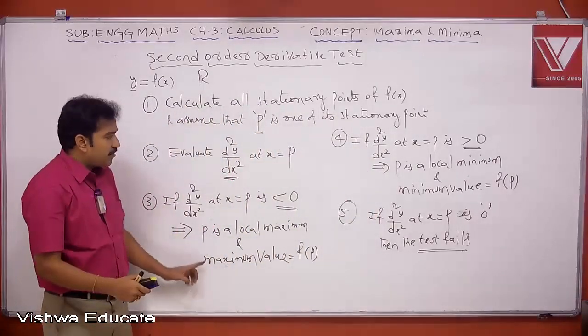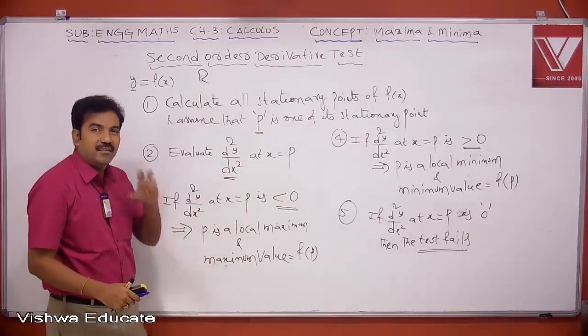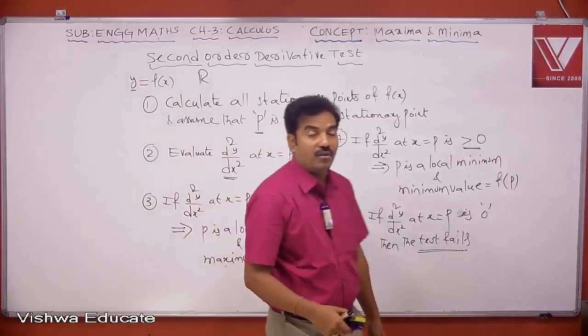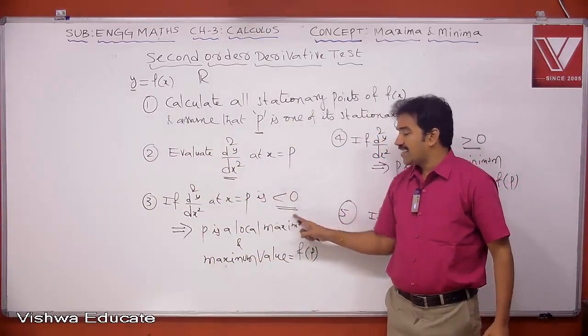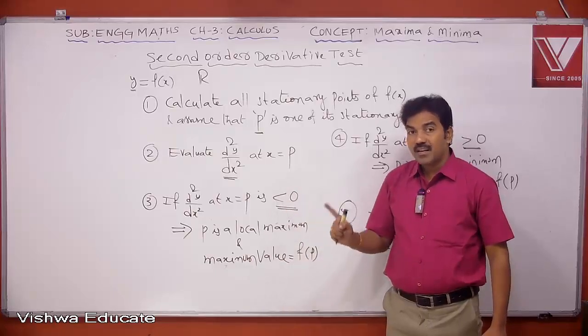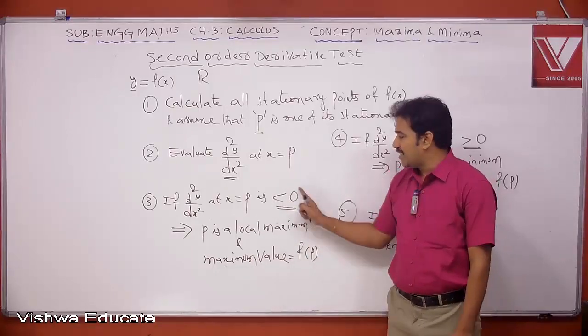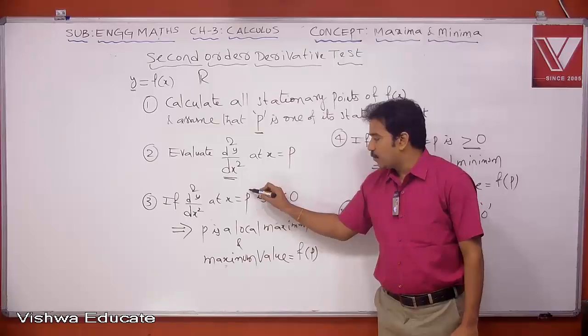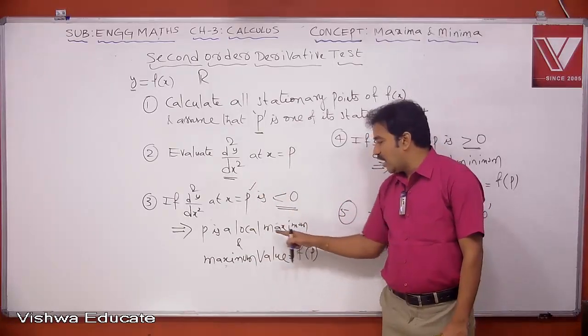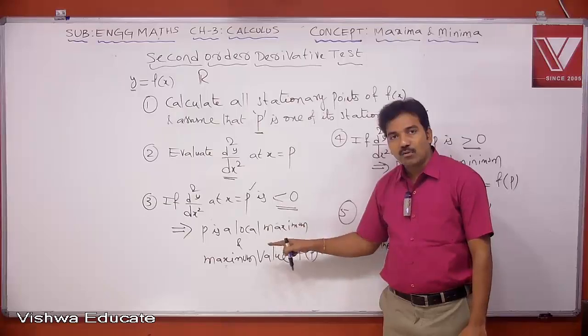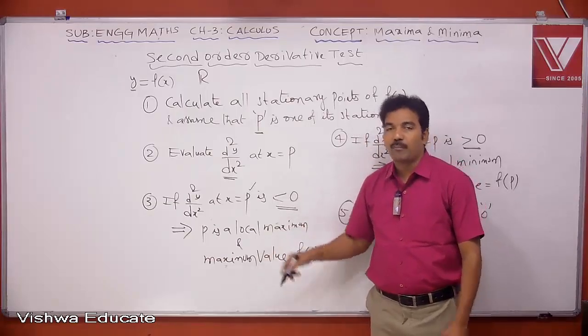When you go to point number 3 and point number 4, they definitely give accurate values if the domain is R. When d square y by dx square at a stationary point is less than 0, at this point the function gets maximum. That's why I say p is a local maximum. Since p is a local maximum, the maximum value is equal to f of p.